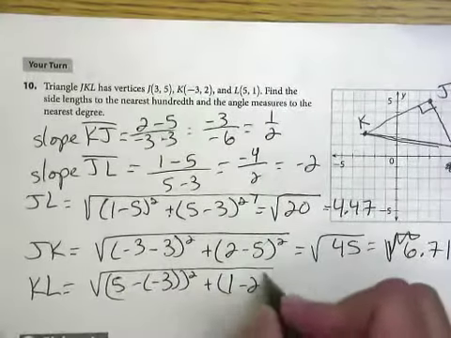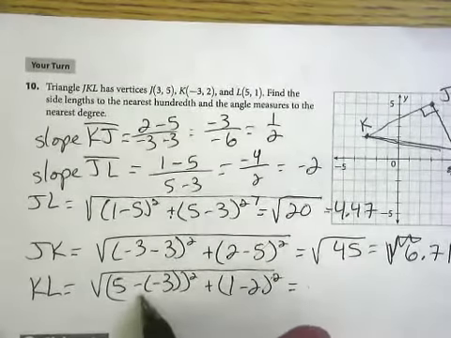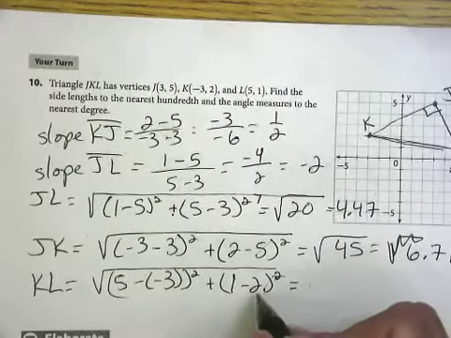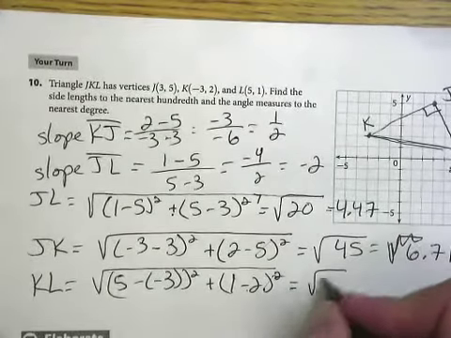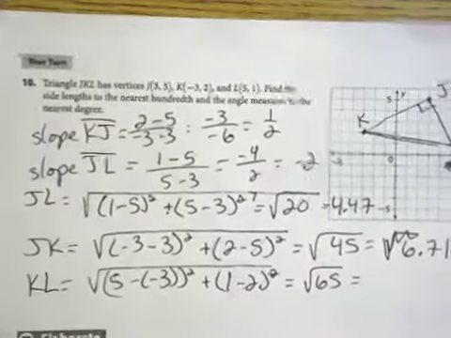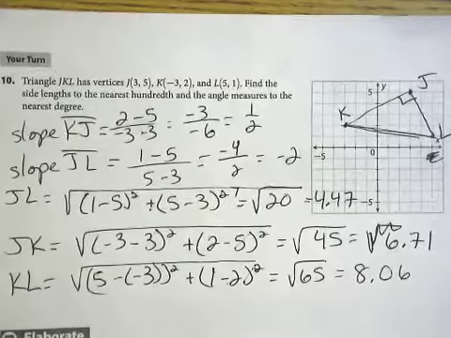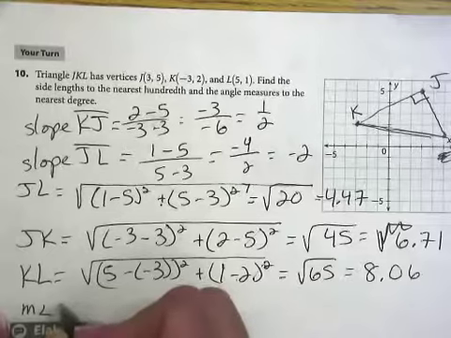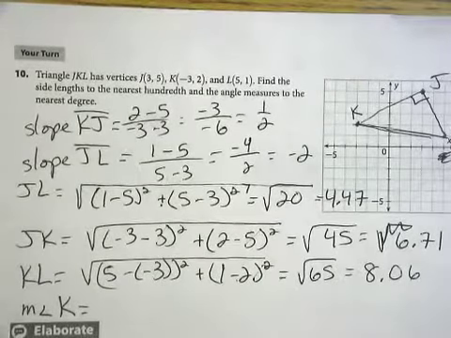Finally, the length of KL is the square root of 5 minus negative 3 squared plus 1 minus 2 squared. This is 8 squared is 64 plus negative 1 squared, which is 1. So this is square root of 65, which is approximately 8.06.